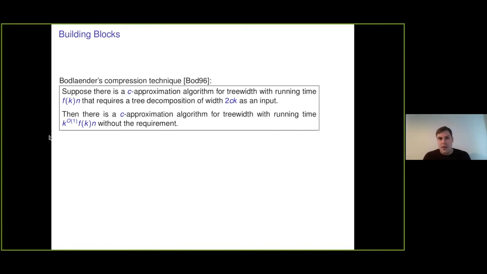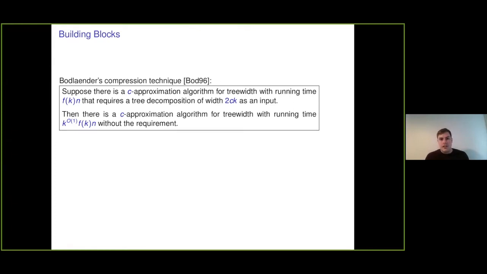For this algorithm, we need as a building block this compression technique of Bodlaender, which is used by all linear time Treewidth algorithms currently. We can state this technique as follows: suppose there is some C approximation algorithm for Treewidth that needs a tree decomposition of width O(k) as an input.